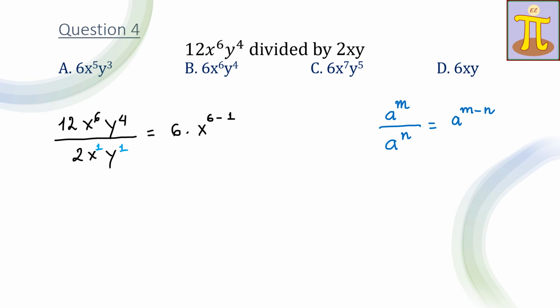So y to the power of 4 minus 1. Simplifying this, we have 6 x to the power of 5 and y to the power of 3. This should be 8 as the answer.